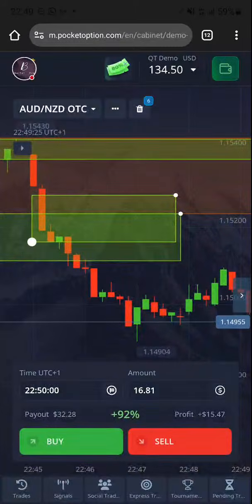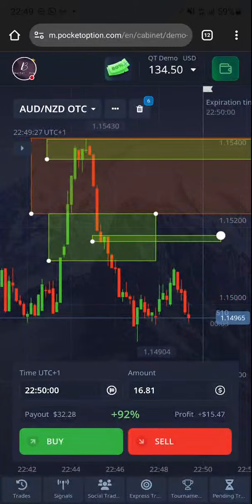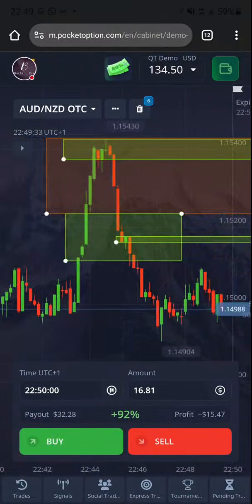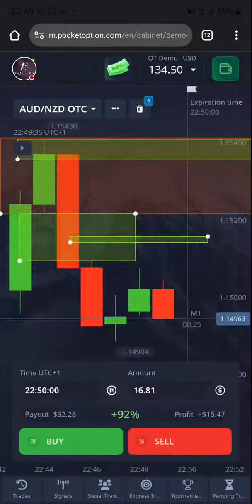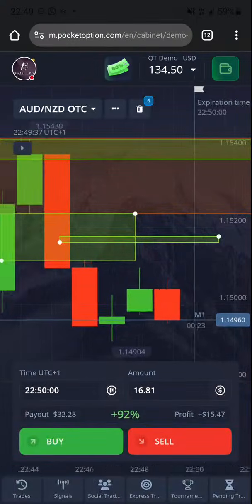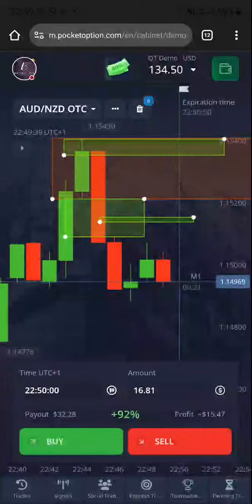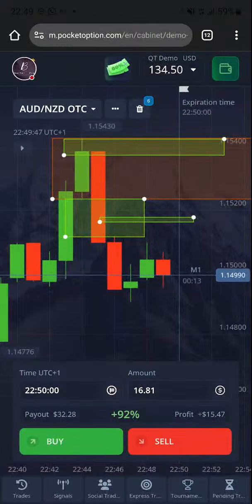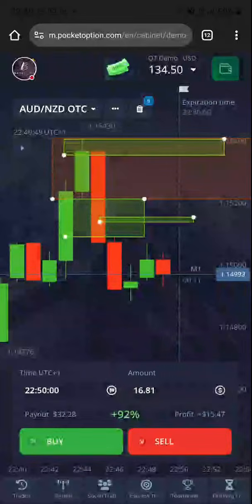The reason I want to take the entry inside the fair value gap is because we have a morning star pattern, and I'm expecting a red candle to happen. Okay, it's already happening. I was expecting that if price comes up into this fair value gap, we'll take the trade and the sellers will come in and give us a red candle. But it's not happening. No problem.